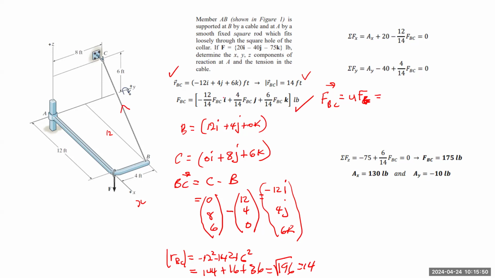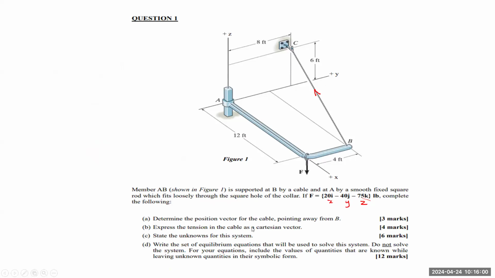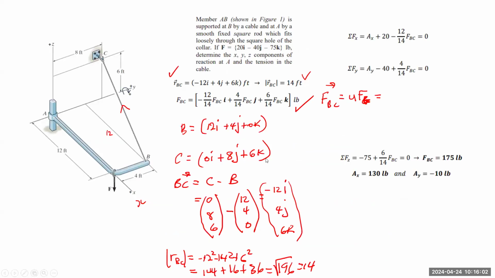So this is equals to 14 divided by all of these quantities. So right here, you would have got the tension, and how many marks was that again? That would have been 4 marks. So once you have the formula, especially, I normally give 1 mark for that, and then have this value here, then you get full marks immediately, right?